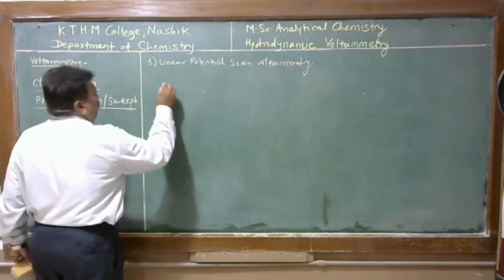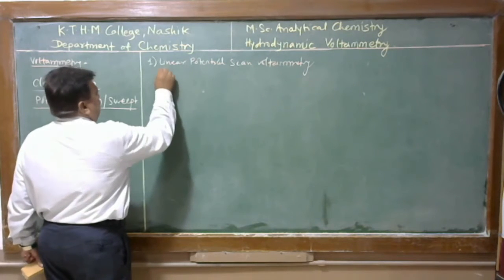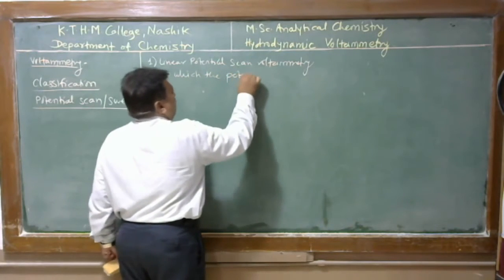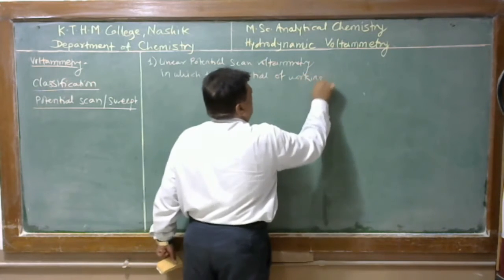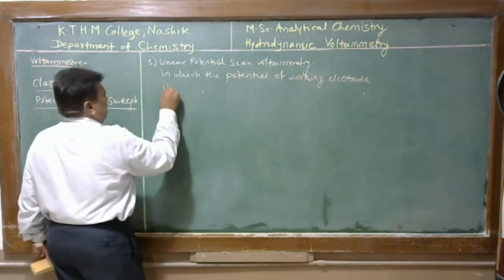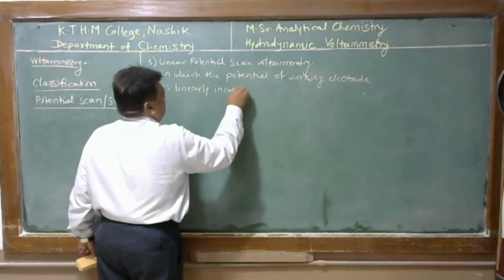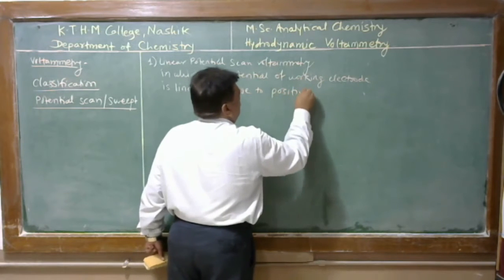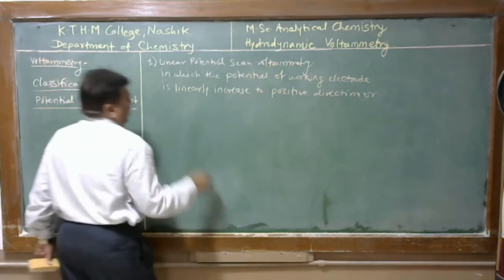Therefore, linear scan voltammetry comprises all those voltammetric techniques in which the potential of the working electrode is linearly increased to the positive direction or negative direction.